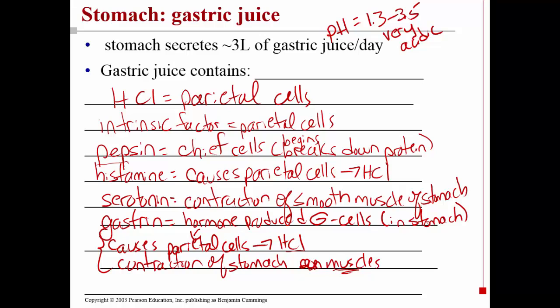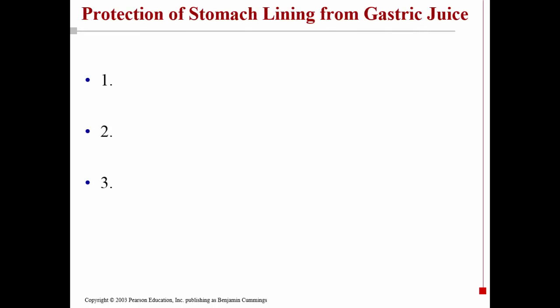So if we think about it, if this is so acidic that it could dissolve a bucket of nails in a week, why doesn't it dissolve the lining of your stomach? Well, your stomach has three things that help protect it from this gastric juice. First, it is lined with a very thick coat of an alkaline mucus.